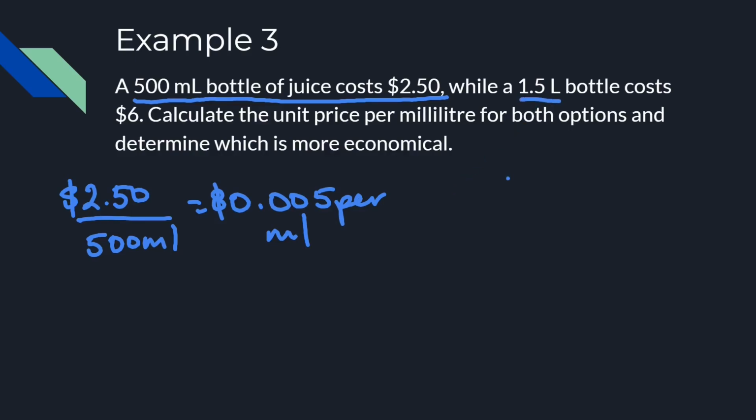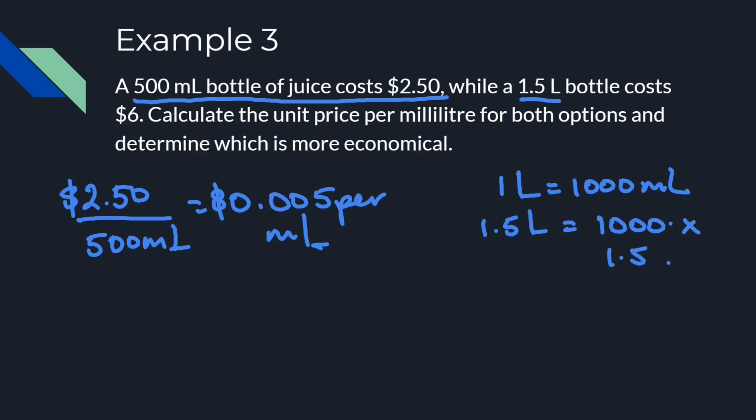Let's see what we can do with the other. Now, this one is in liters, so we need to convert liters to milliliters. We know 1 liter has 1,000 milliliters. So therefore, 1.5 liters would be equal to 1,000 times 1.5, which works out to be 1,500 ml.